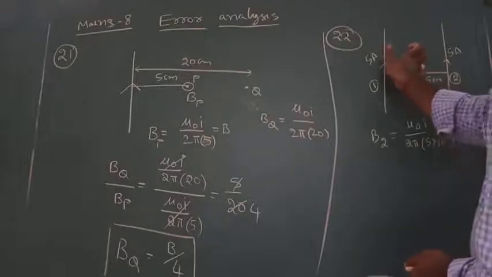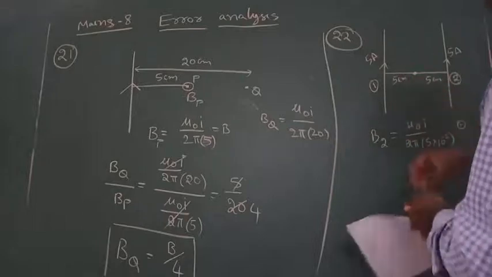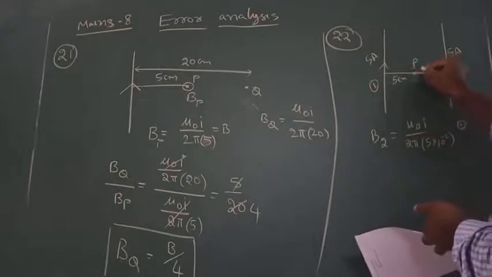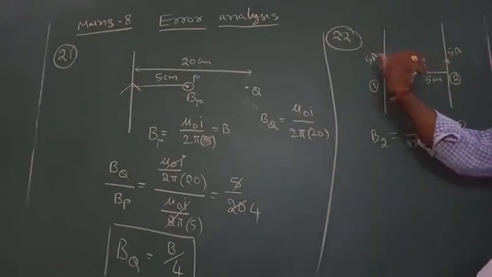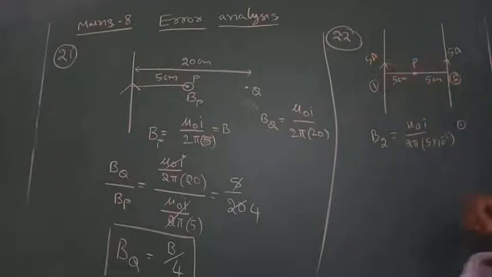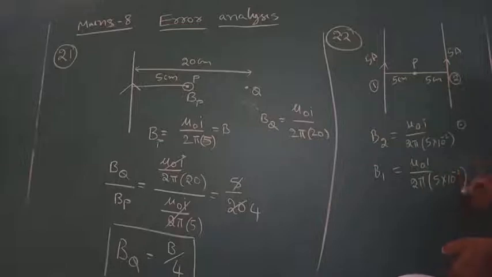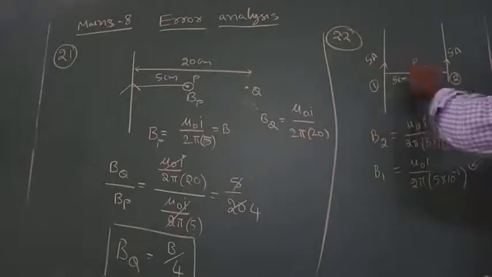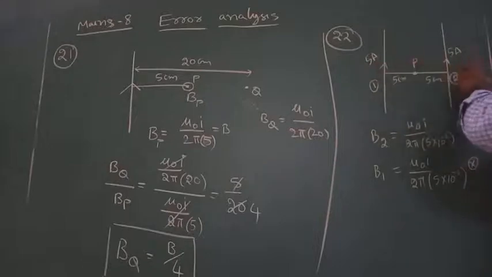From the first wire, the magnetic field at this midpoint is in the inward direction. Then B1 is equal to mu naught I by 2 pi into 5 into 10 power minus 2. The two wires carry the same current I.